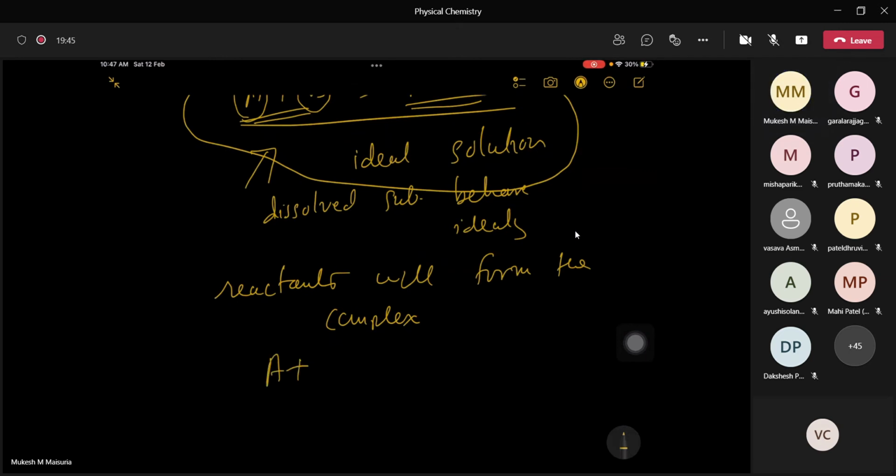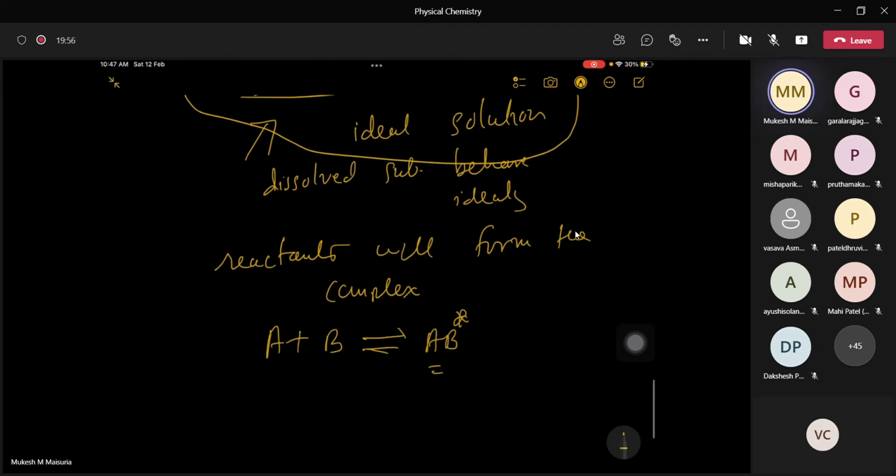So A plus B will form the activated complex, and as I told you, we have already discussed in the collision theory as well as the transition state theory that this activated complex is converted into product because of the vibrations. Vibration frequency. Understand?